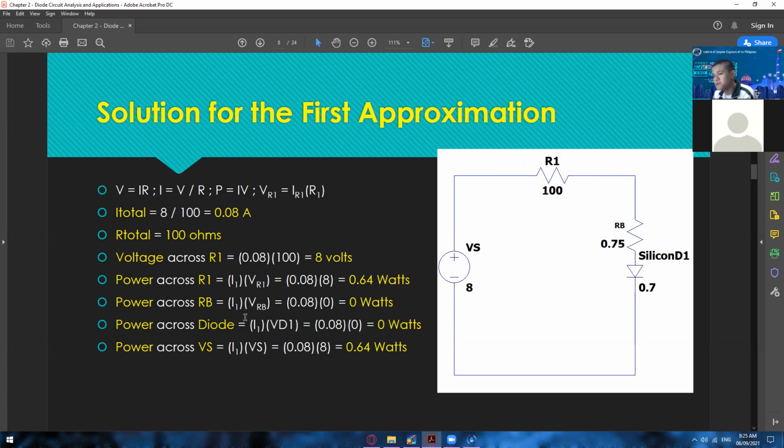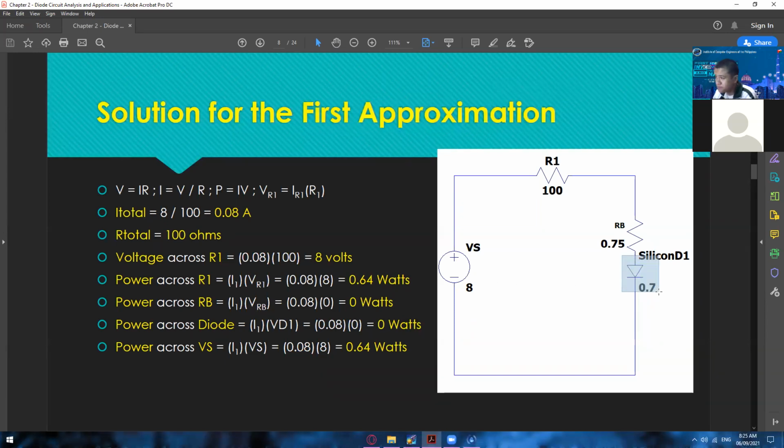For the power across RB, in an ideal diode we don't consider the bulk resistance. That is the reason why we have 0 here for the VRB. Any number multiplied by 0 will be 0. For the power across the diode, we're still in first approximation, so we don't consider the threshold voltage.